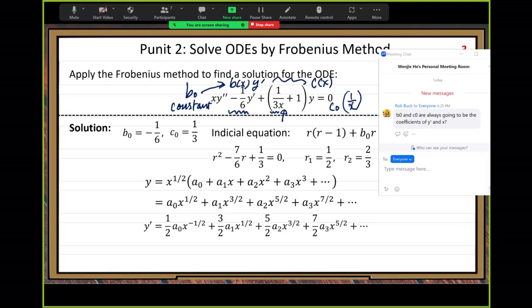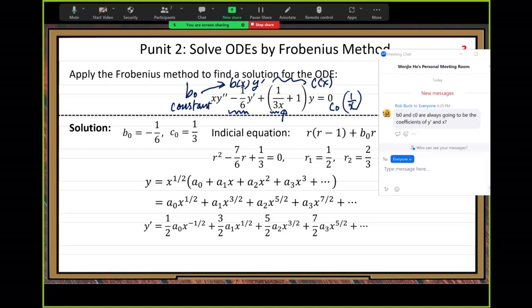So when you determine B0, C0, you try to fit the pattern. I treat this like a sort of standard form, although we do not call it standard form. This form is simpler for us to see B0, C0.